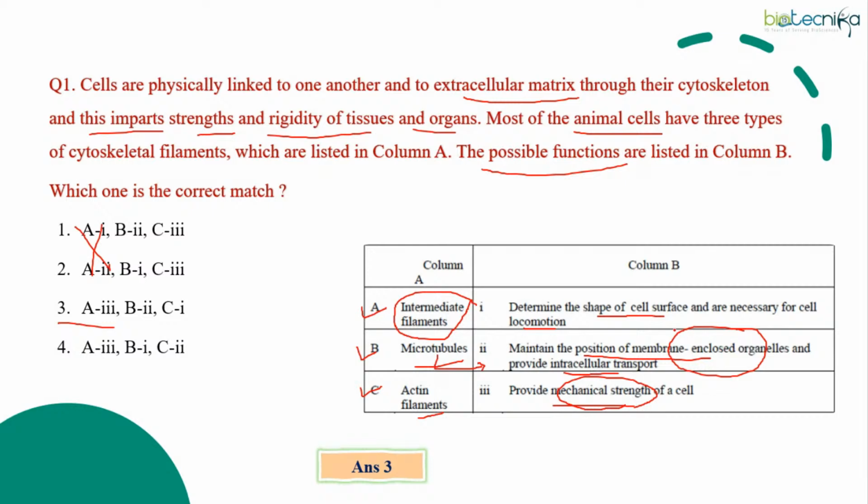But the major function of microtubules is positioning the cell organelles at a desired location. And the third one, the actin filaments, determines the shape of a cell surface, thereby necessary to carry out the movement. So the key word over here is positioning of membrane enclosed organelles.